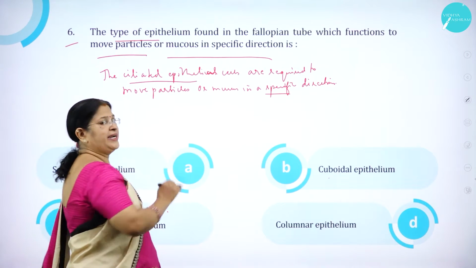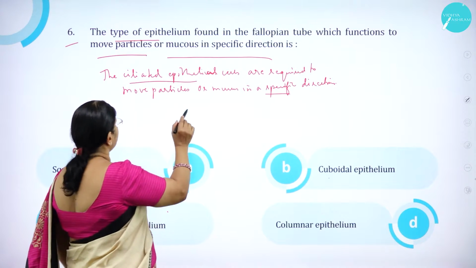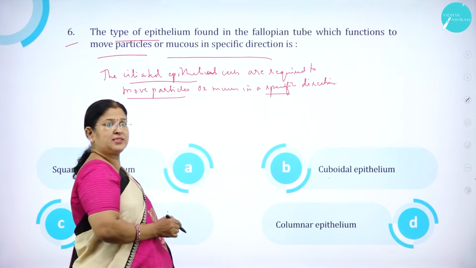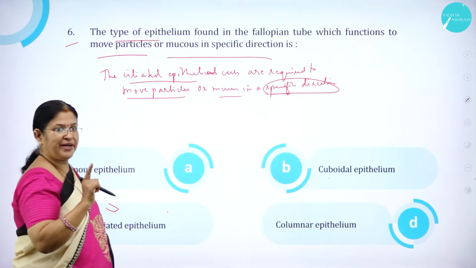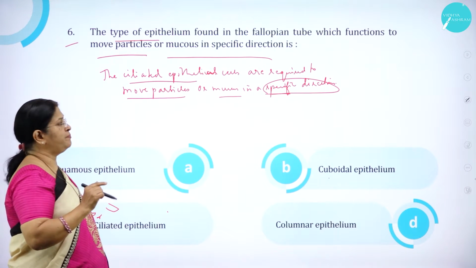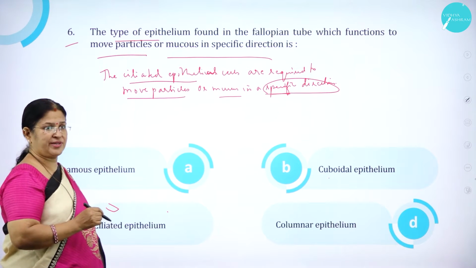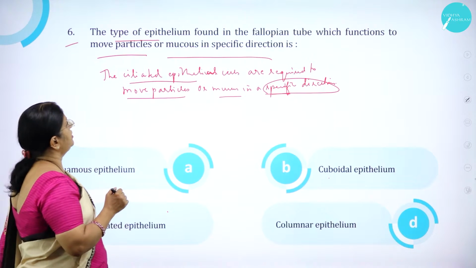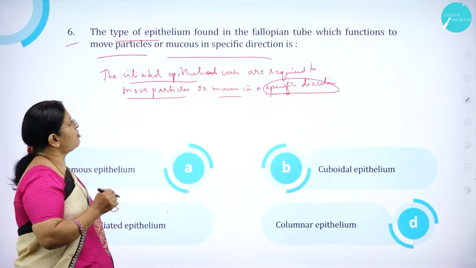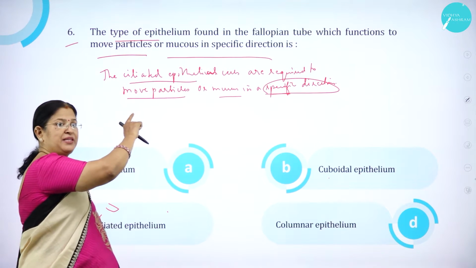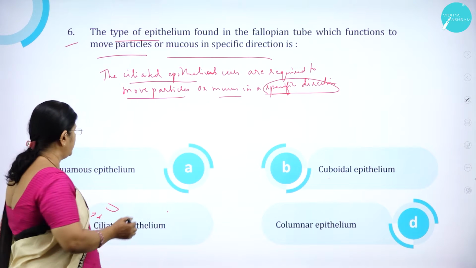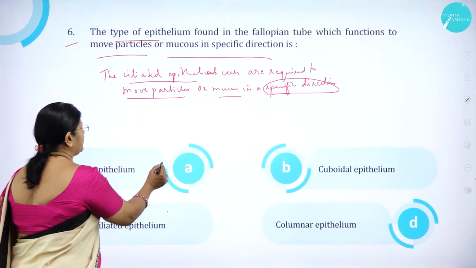Usually the ciliated epithelial cells are required to move particles or mucus in a specific direction. The vibratory movement of the ciliated epithelial cells is responsible for the movement of particles or mucus in a specific direction. So the ciliated epithelial cells is the answer. Option A, squamous epithelium?